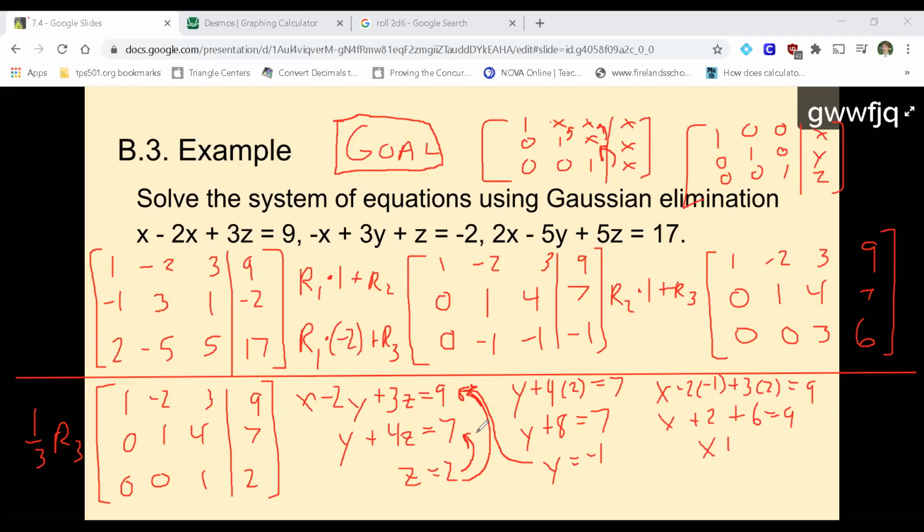Which means x plus 8 is 9. Which means x is 1. So there you go. I have my solution. These three linear equations intersect when x is 1, y is negative 1, and z is 2.